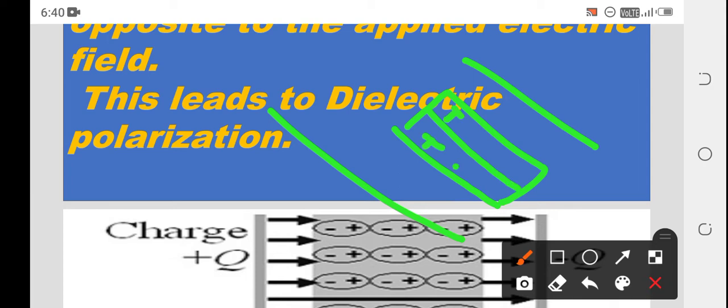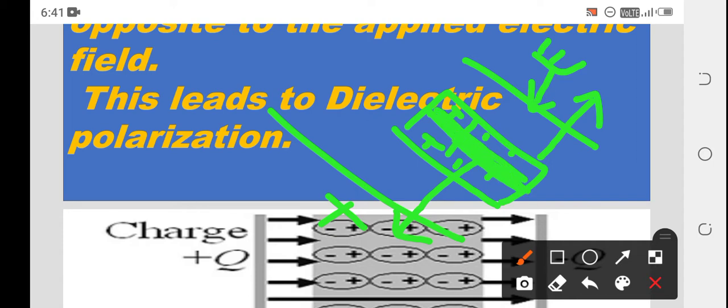Around this equilibrium, positive and negative charges are present. Once the electric field is applied, from the equilibrium position the positive charges move in the same direction as the applied field, and the negative charges move in the opposite direction to the applied electric field.